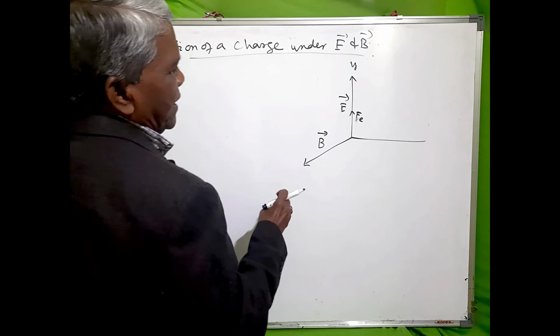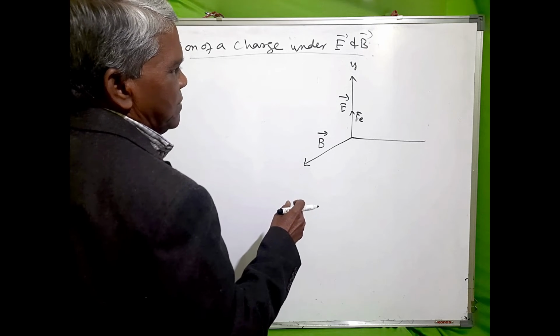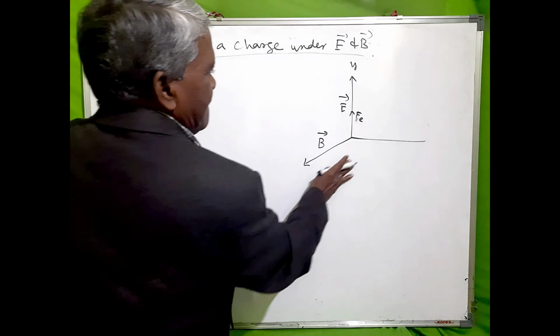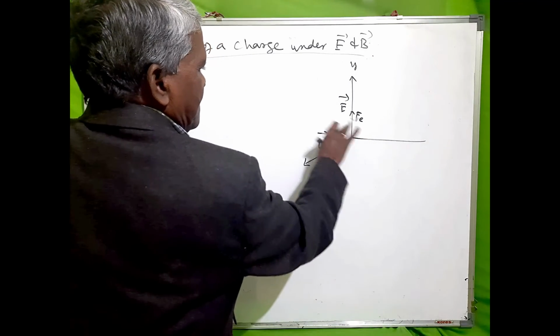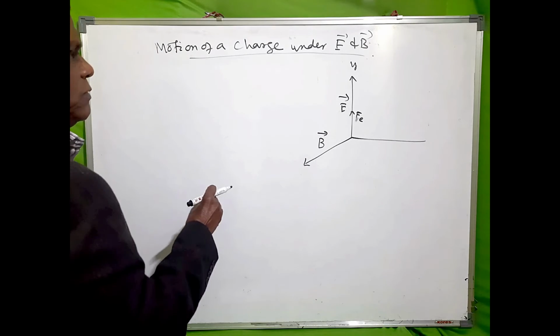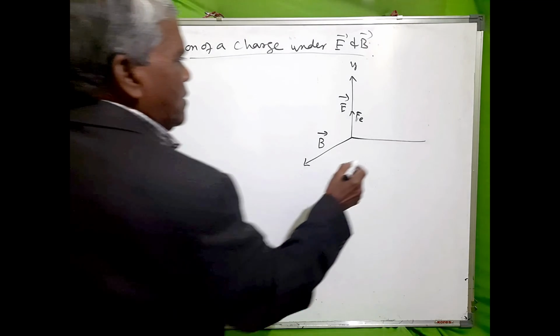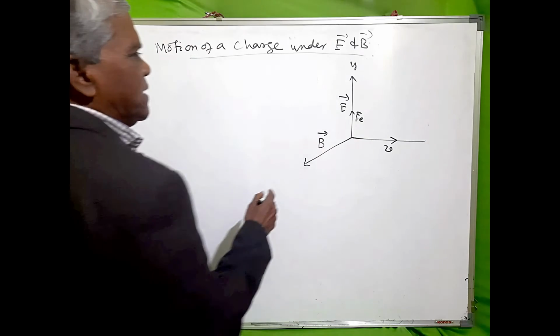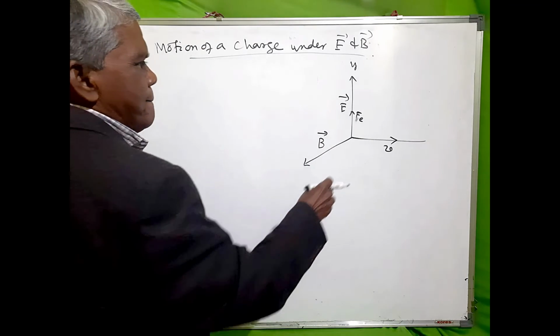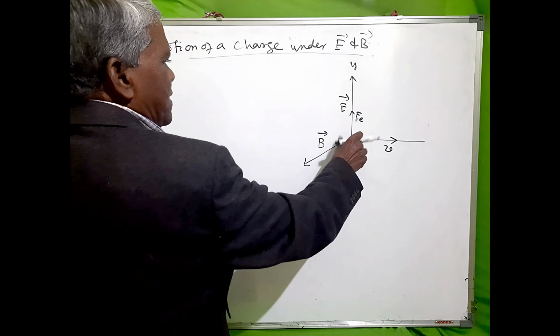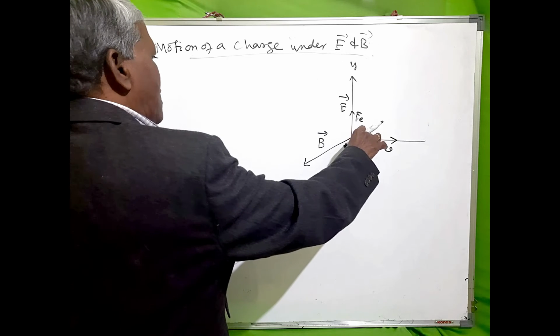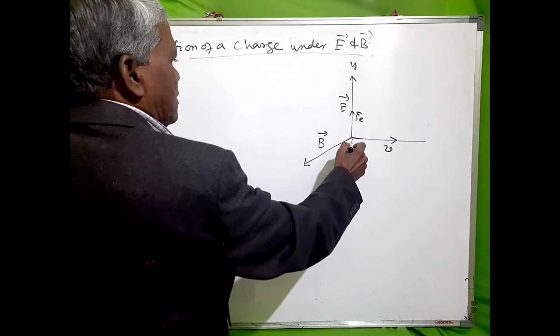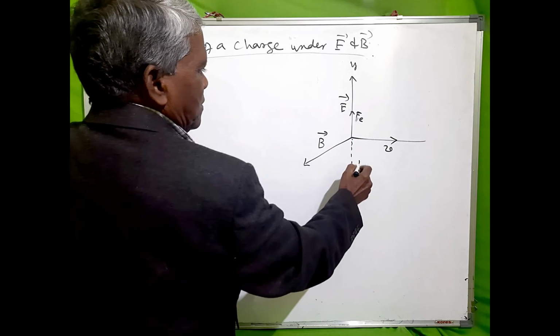And due to the magnetic field, the force will be at right angle to the plane. Suppose v is the velocity this way. So v cross B will be along minus j, that will be opposite.